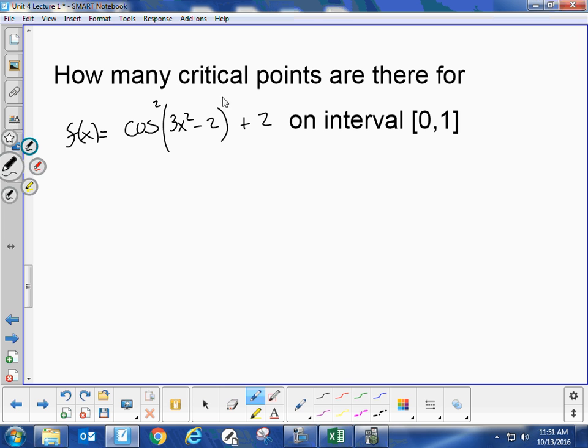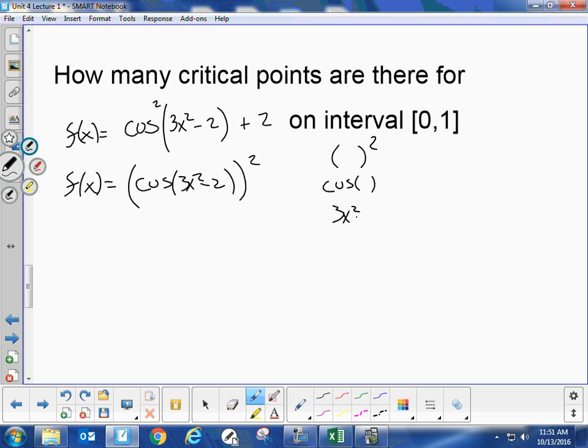Now, if you plug this in and you're looking for your tangent slopes equal to 0, that might take you a while. Instead, if you maybe rewrote this and took the derivative of it, understanding there's an outside, a middle, and an inside, so that you'd have 2 negative sign 6x.